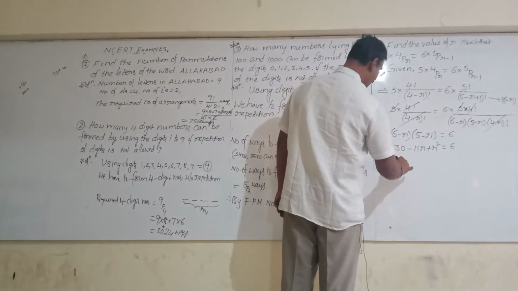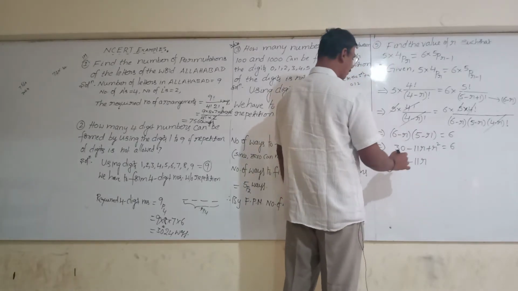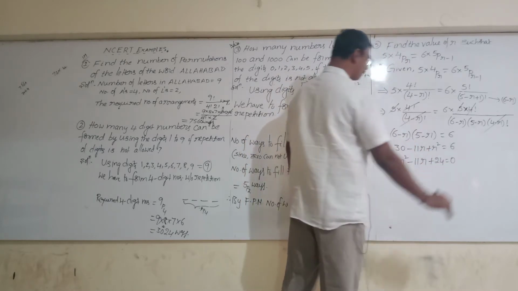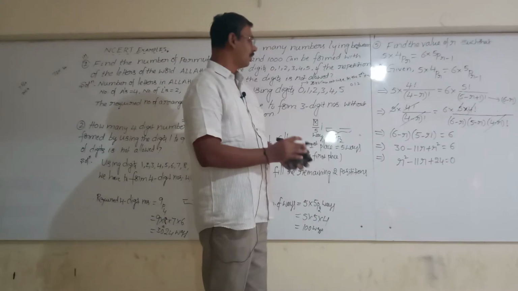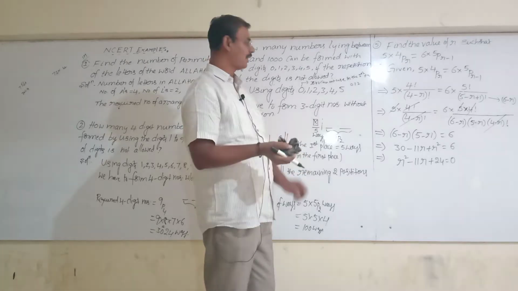And taking this side, r square arranging order, minus 11r plus 24 is equal to 0. Okay, 30 minus 6, 24. Minus 5r minus 6r. So now find out the factors.